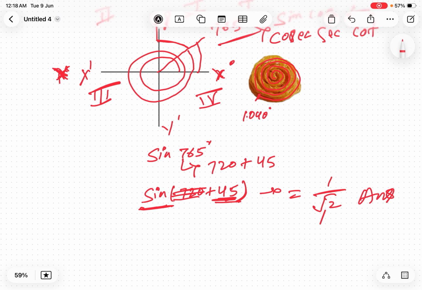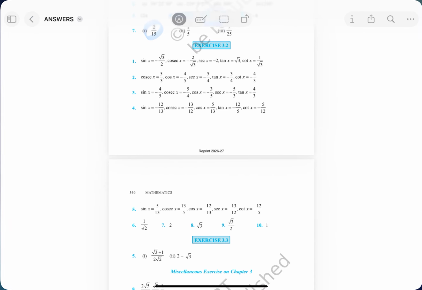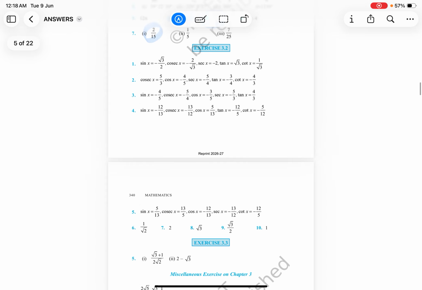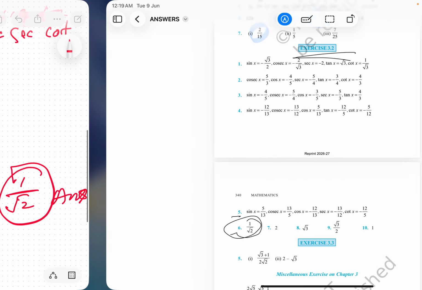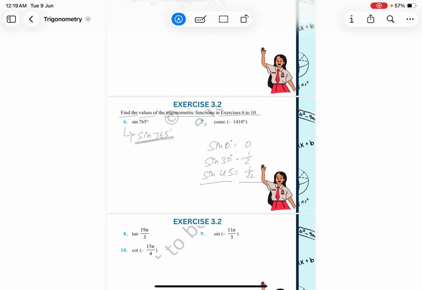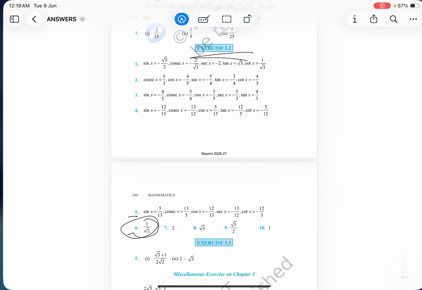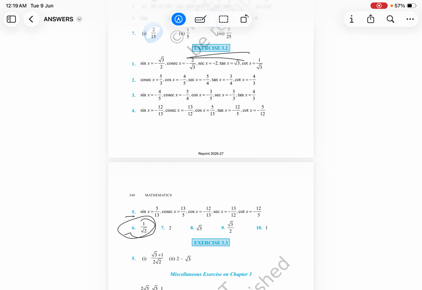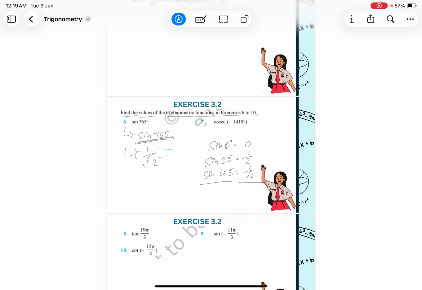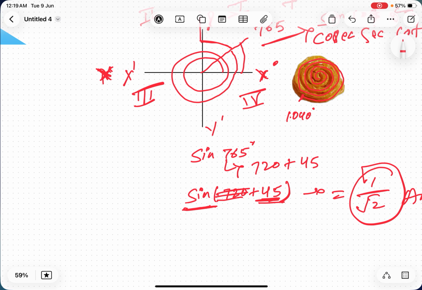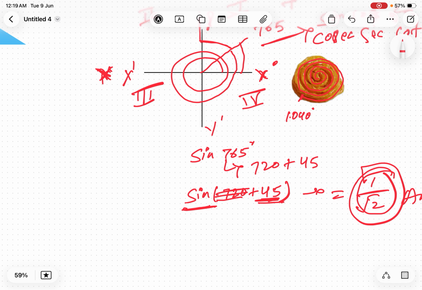I hope this is clear to you. Let me quickly show you the answer: exercise 3.3, question number 6, the answer is 1 by root 2.